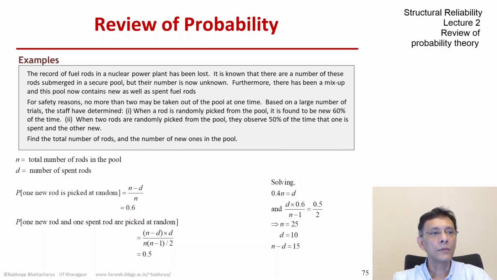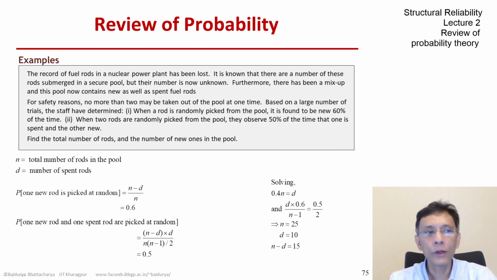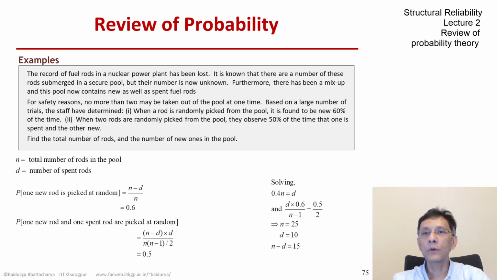So d is equal to 0.4n, and the other equation is 0.6d is about 0.25 times (n minus 1). So solving them, I find that the total number of rods in the pool is 25, and out of them d = 10 are spent, and the new are 15 in number.